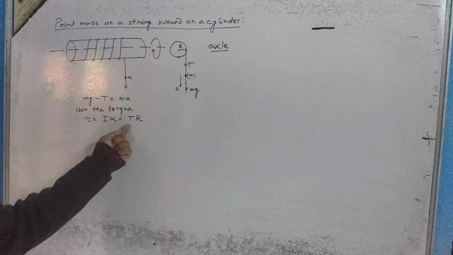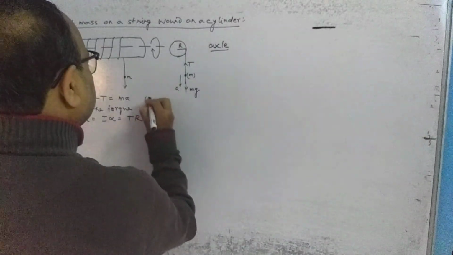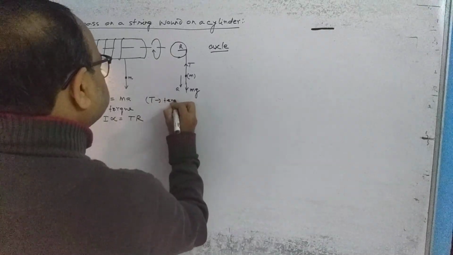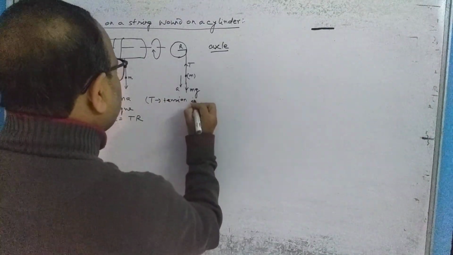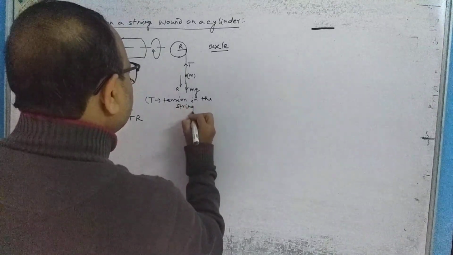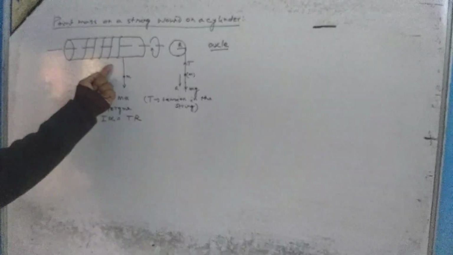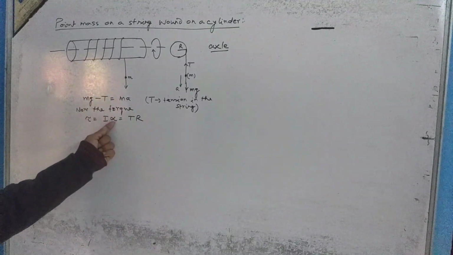T is the tension in the string, I is the moment of inertia of the cylinder, and alpha is the angular acceleration.